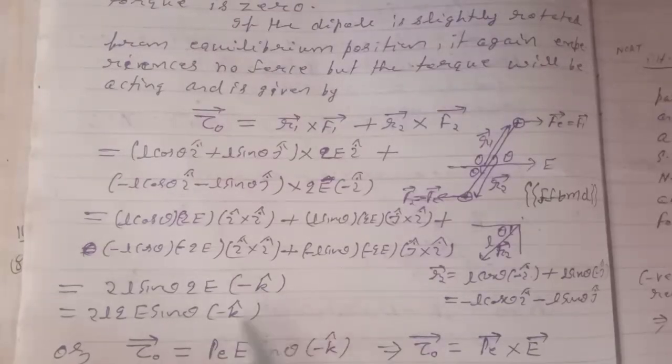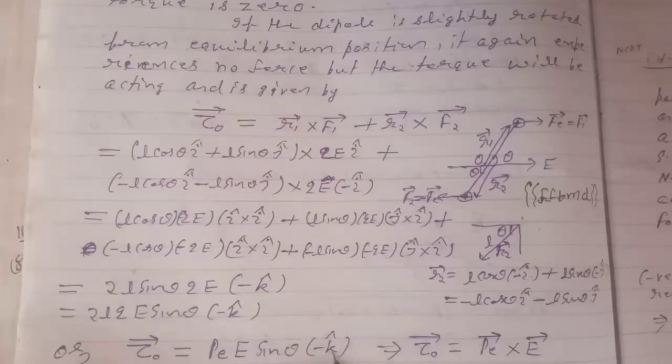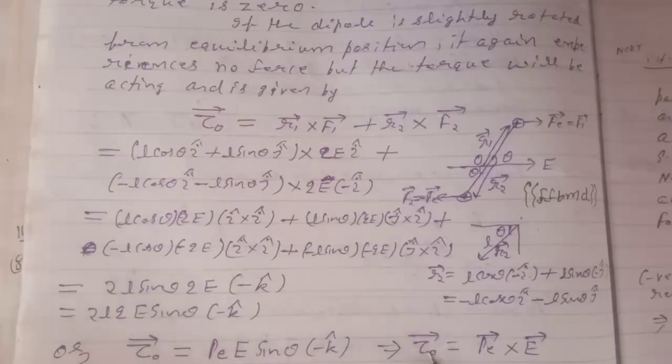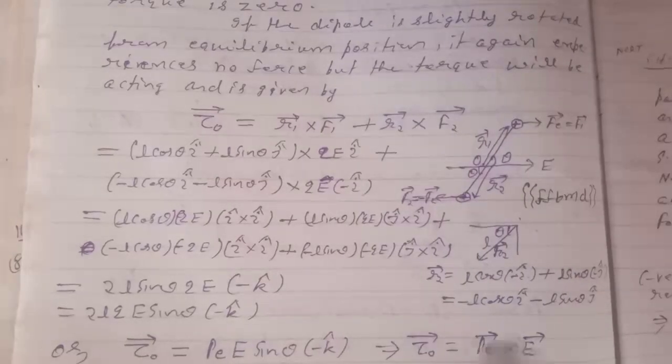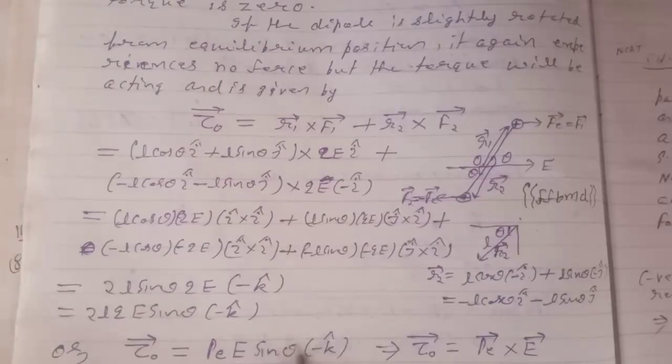So we can write torque about O as tau equals PE sin theta in the minus k cap direction, since 2L into Q is P. In vector form, tau equals P cross E, because if we take the cross product of P and E considering its direction, we get this value.